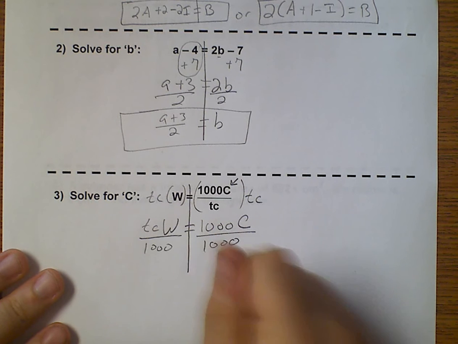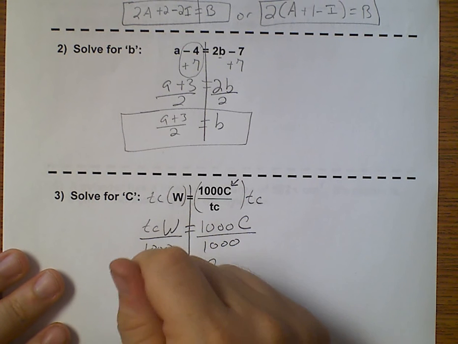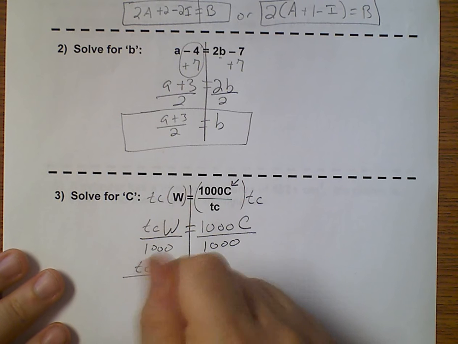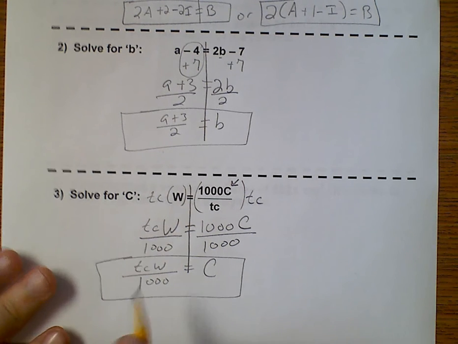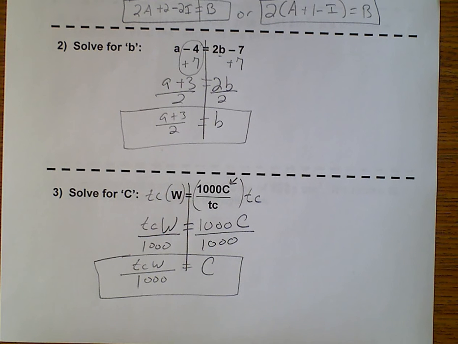And we get that the capital C equals TCW over 1,000. Again, quite simple. All we're doing is reverse processes, stripping everything away, so all we're left with is the capital C.